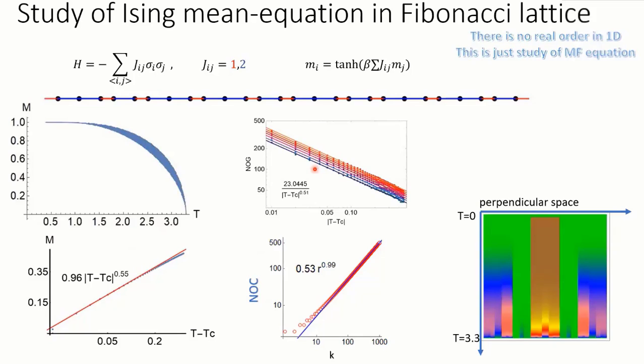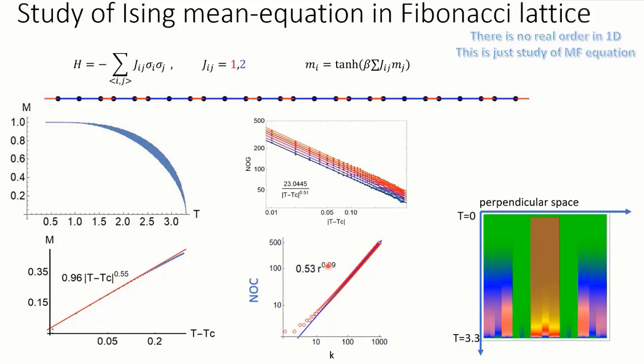So artificially, I study mean field in a one-dimensional system. The system doesn't show any ordering because it is one-dimensional, but I just want to study this mean field equation in one dimension for the Fibonacci sequence, which is given here. I showed you previously that NOC here has a relation. Okay, this is K, not R, whose exponent is almost half of the Penrose one.